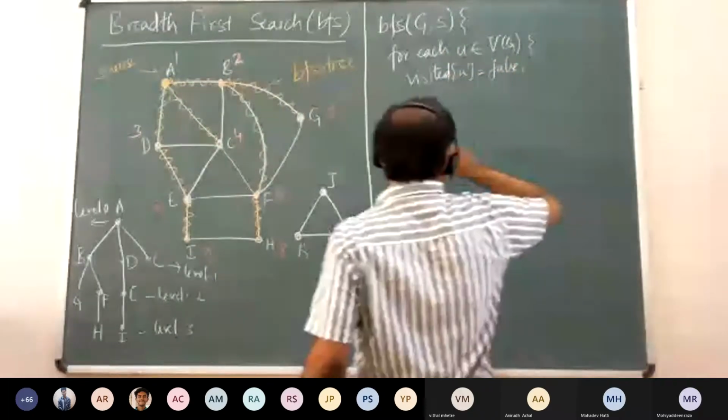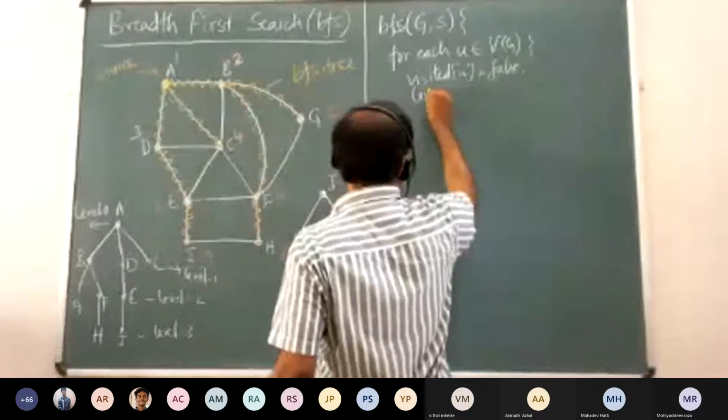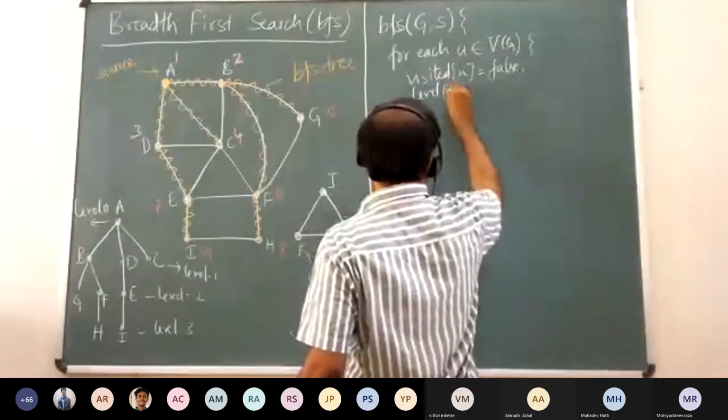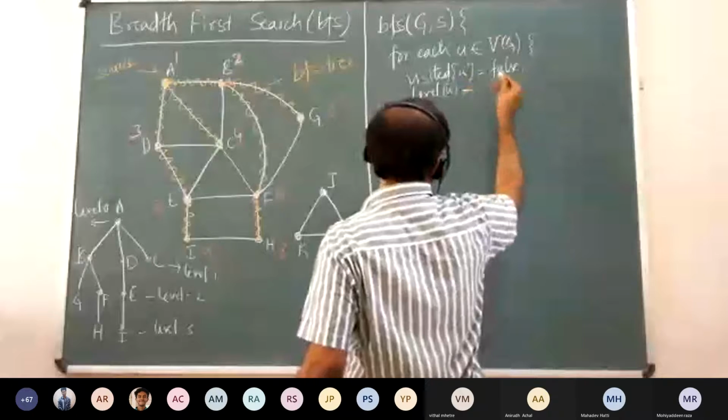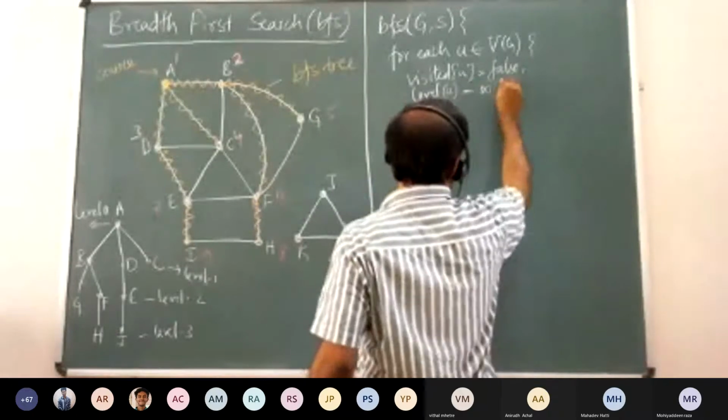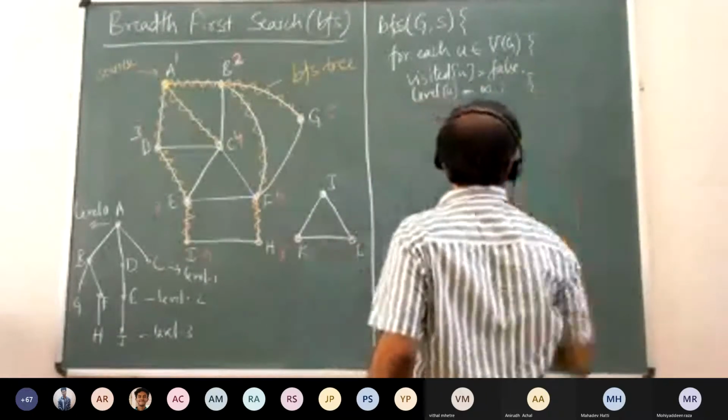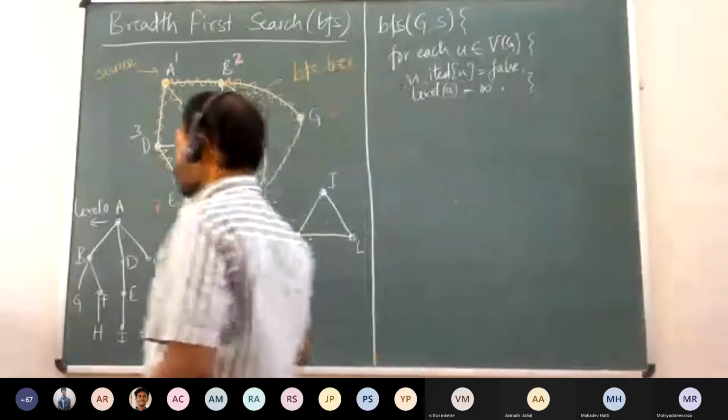And maybe we can even have a flag called level of u, which is set to infinity or something. So we will set these things.